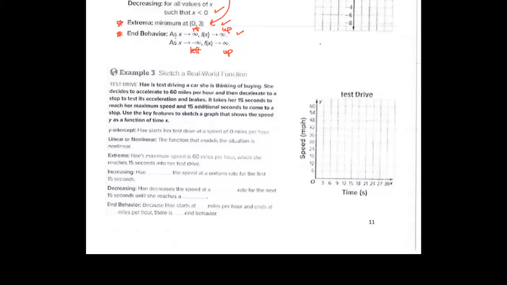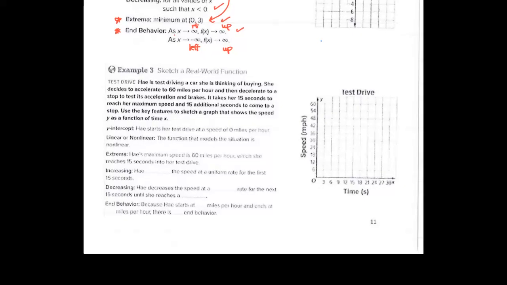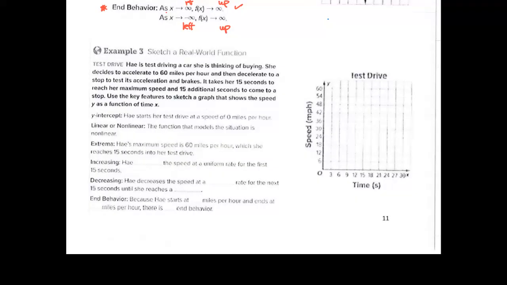Example 3. This is going to be a real world function. Real world. All right? So follow along as I read. It says test drive. Hay is test driving a car she is thinking of buying. She decides to accelerate. What does it mean to accelerate if you're in a car? Yeah, speed up. Go faster.